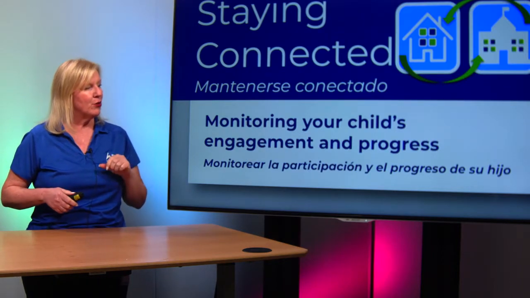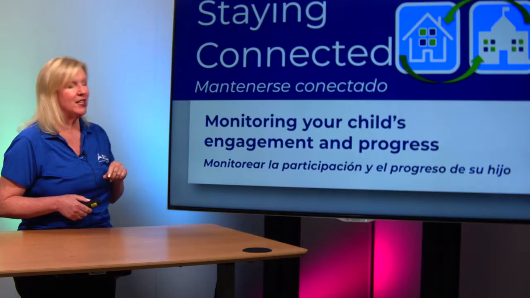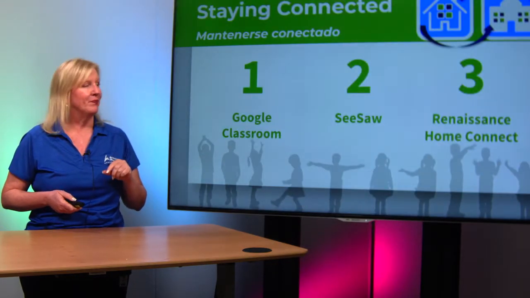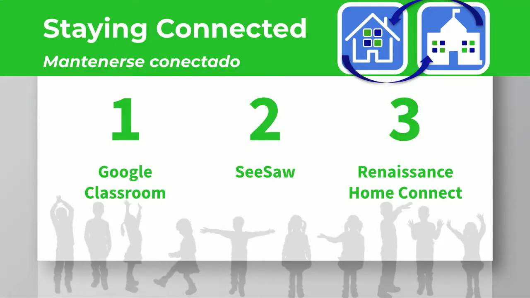And there are 3 ways that I recommend that you can do this in a very automated way. 1, you can ask your child's teacher to be a guardian within Google Classroom. And as a guardian in Google Classroom, you can receive alerts about what your child has been completing and what assignments are still outstanding for your child.